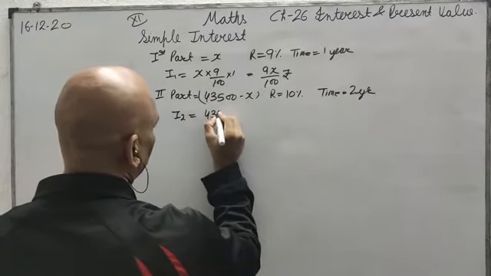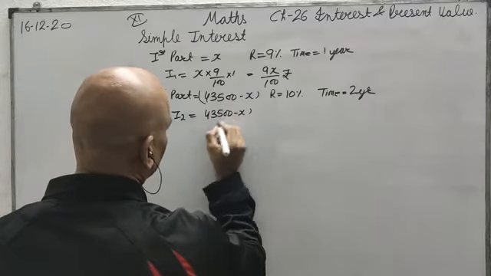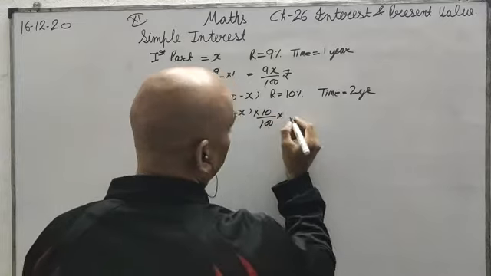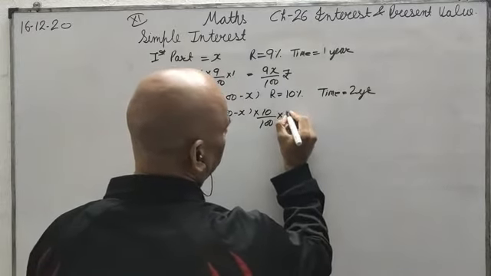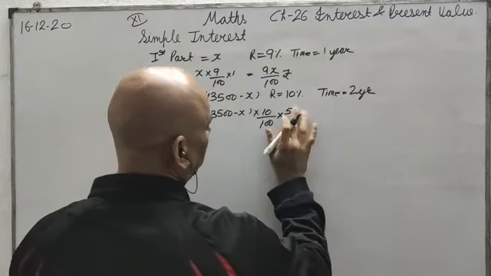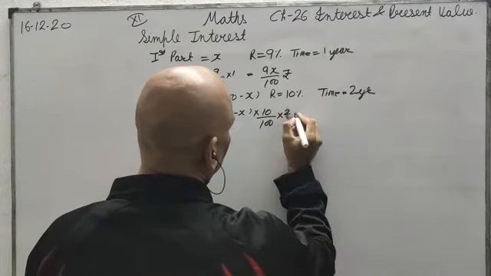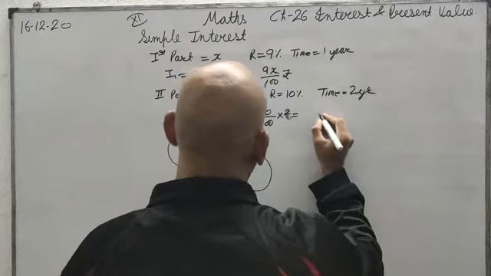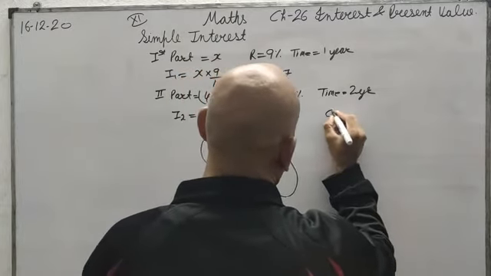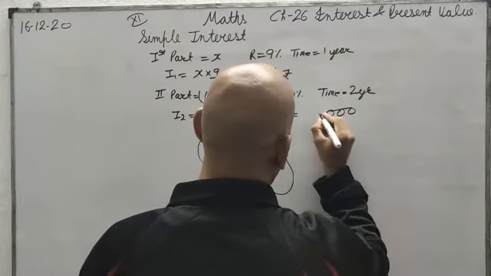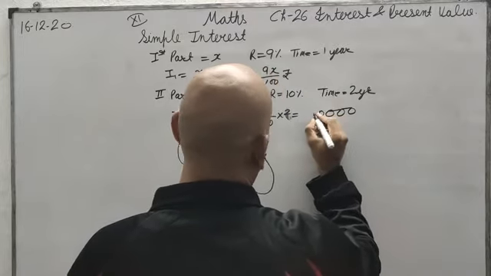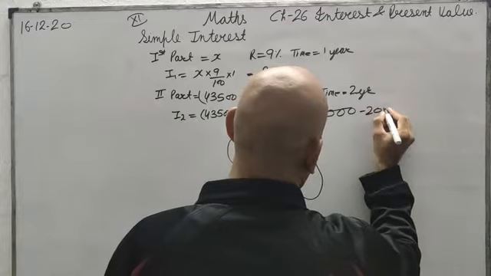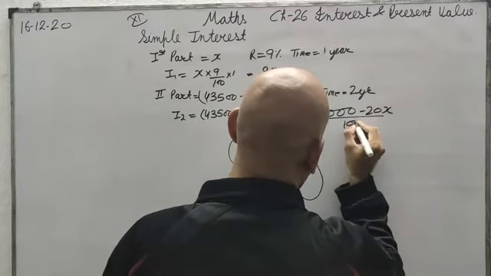So 43,500 minus x into 10 by 100 into 5. Sorry, 2, not 5. So this is 20. We multiply by 20 and we get 8740000, minus 20x upon 100.